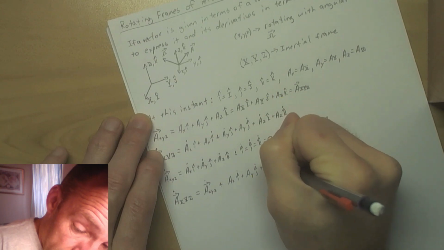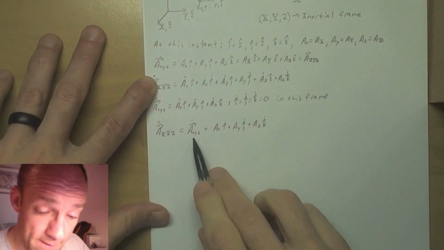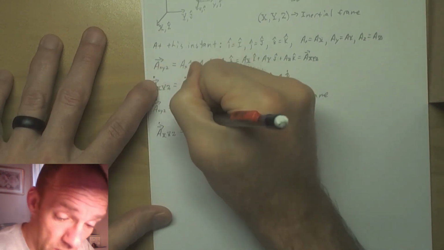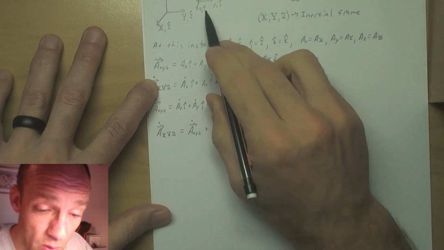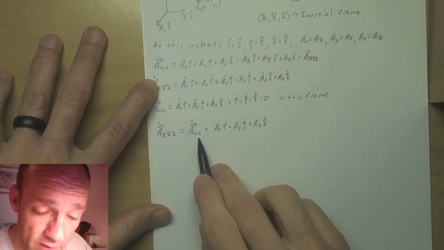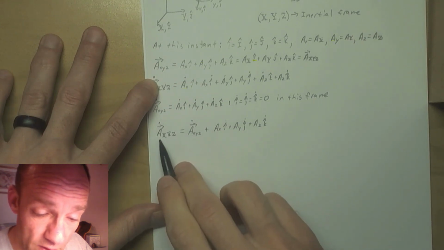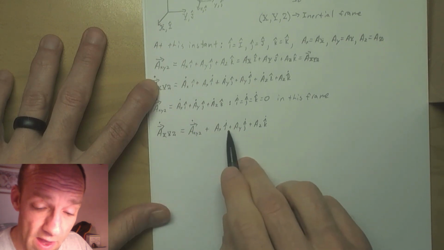All right. So if we know the vector A expressed in the lowercase xyz, the rotating frame, in order to get this derivative expressed in the inertial frame, we have to add these three terms here. Okay.